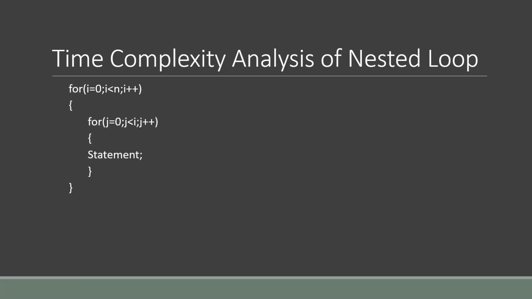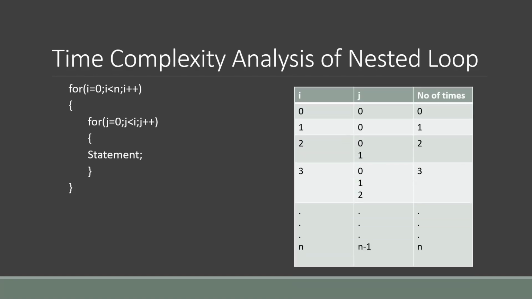Now let us consider this particular nested loop where the outer loop goes from 0 to n, but the inner loop goes from 0 to i. In this case, when the value of i is 0, the value of j will also be 0, and since j is less than i, the statement will not execute.